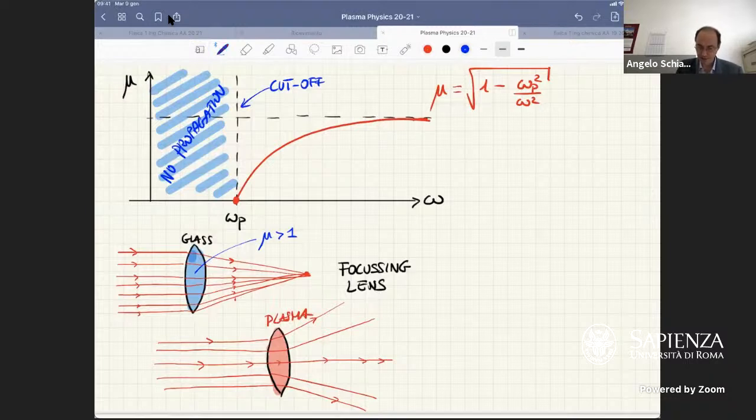Here we have that mu is less than 1, and the behavior of the plasma is that of the defocusing lens. Or what we actually call a negative lens.